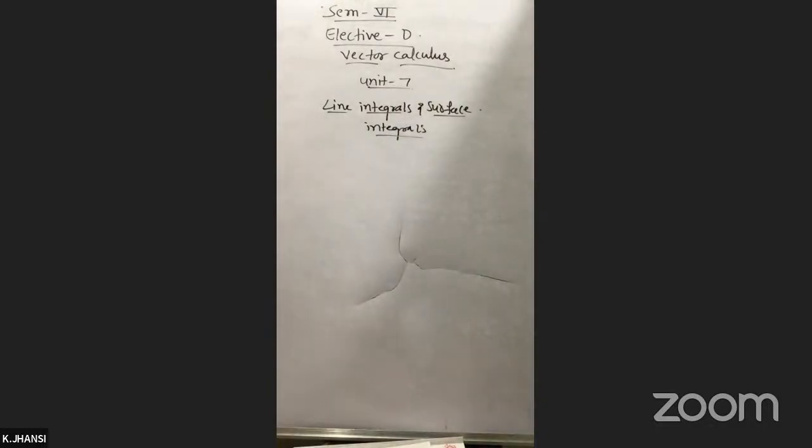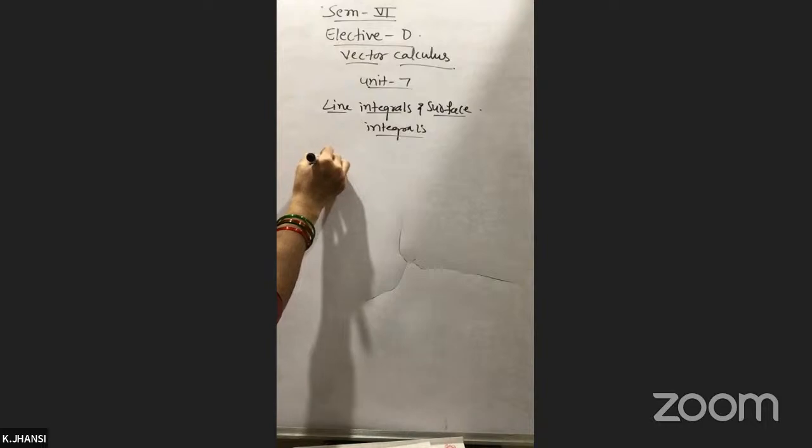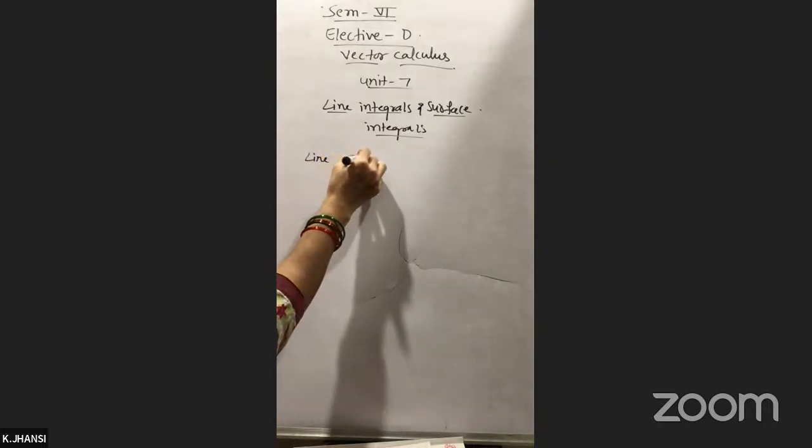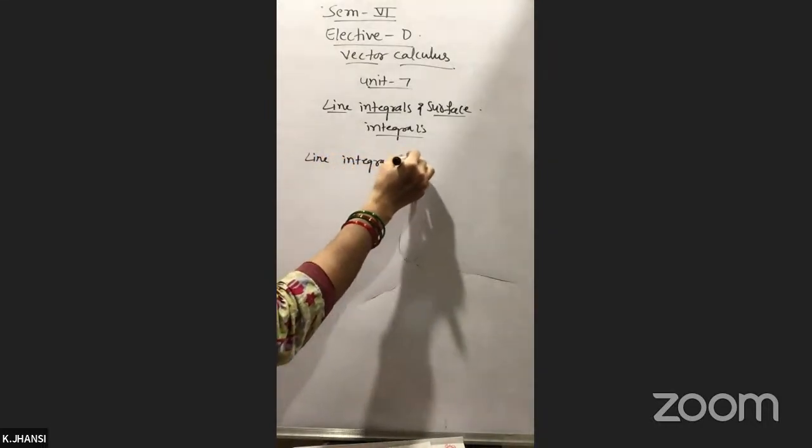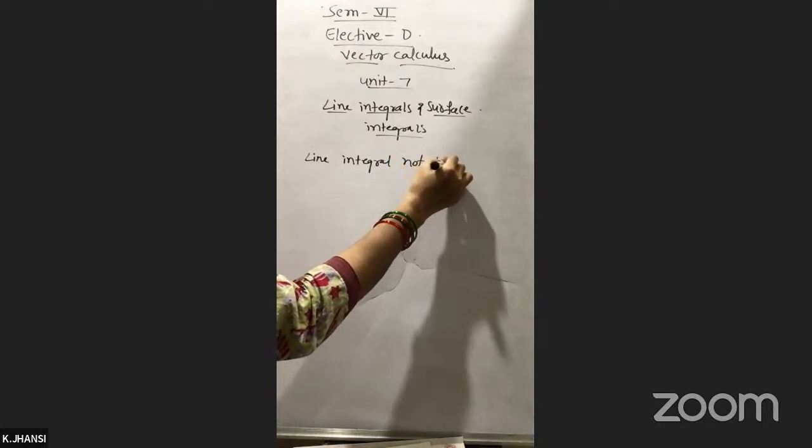Whatever the line integration notation is, what is the representation of the line integral?